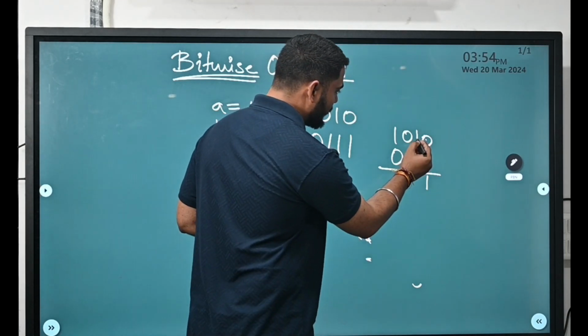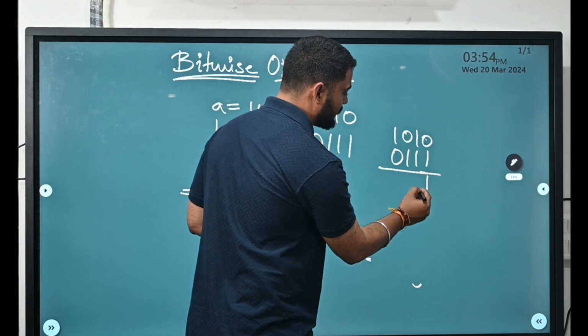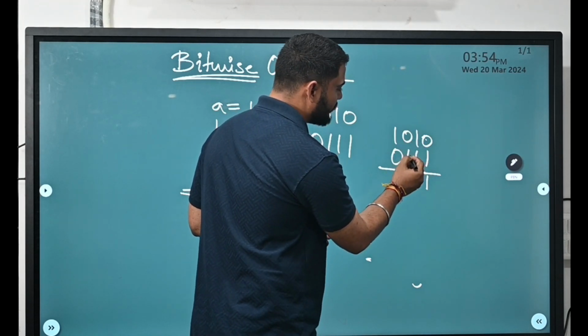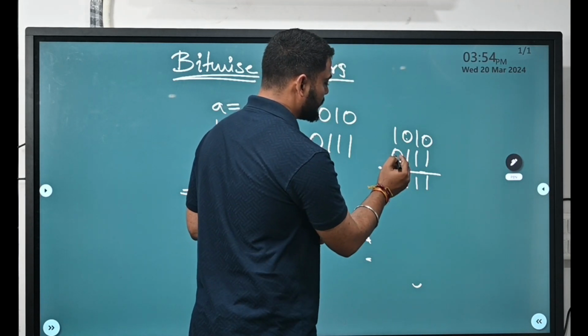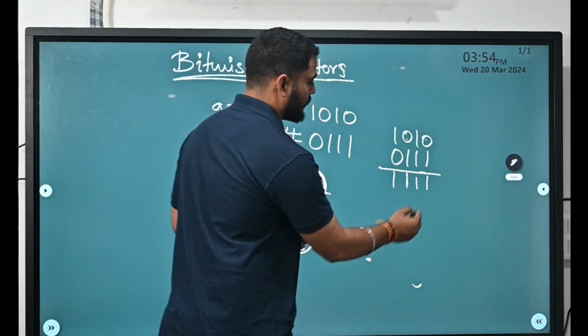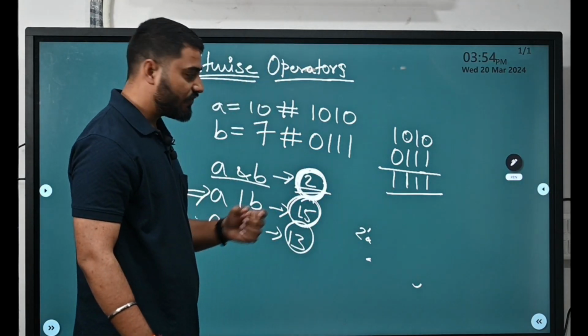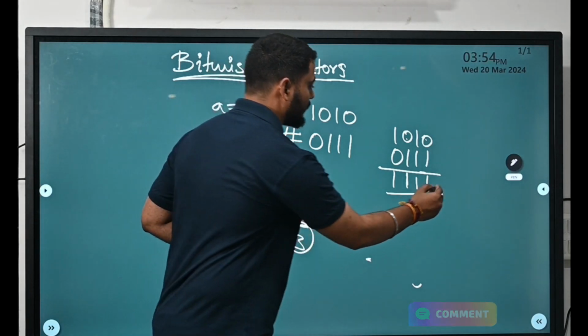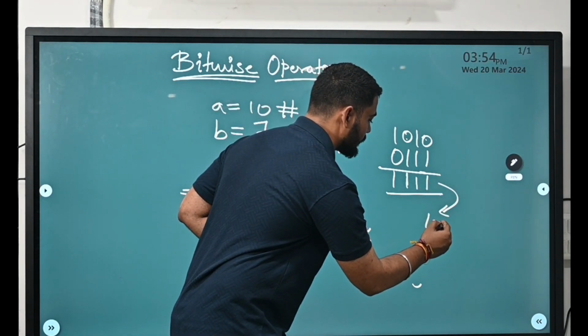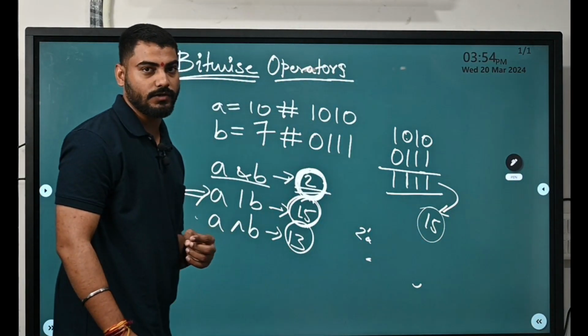Again, 1 and 1, true and true, it will return true only. 0 and 1, false and true, it will return true only. 1 and 0, it will return true. So we get 1111, and if you calculate the decimal for this, it is 15 only.